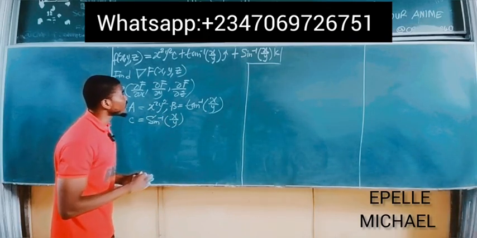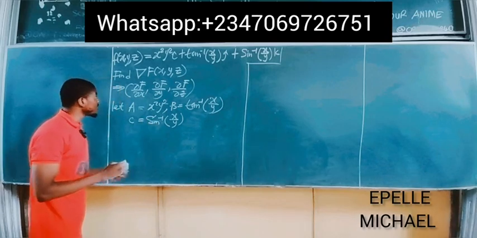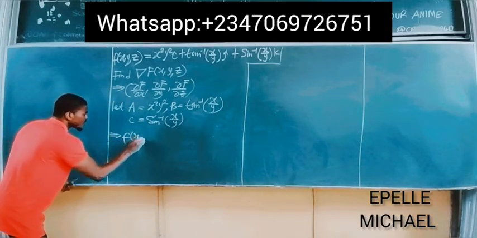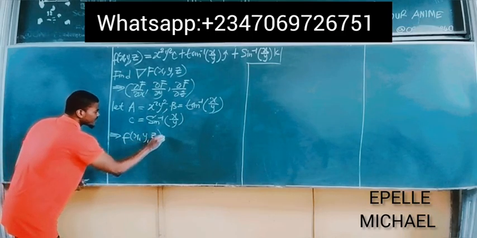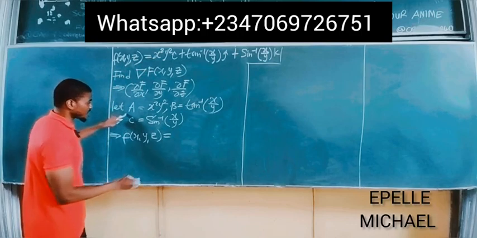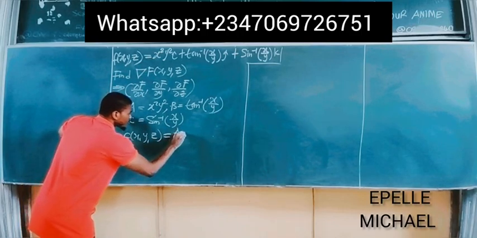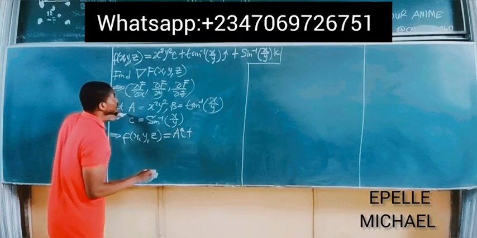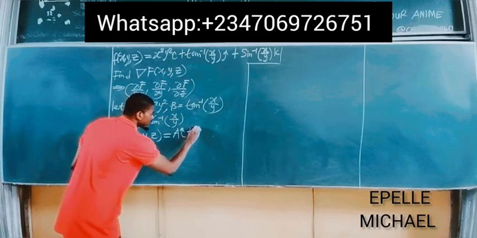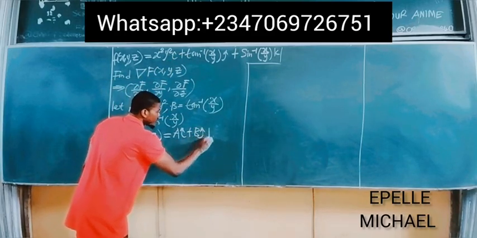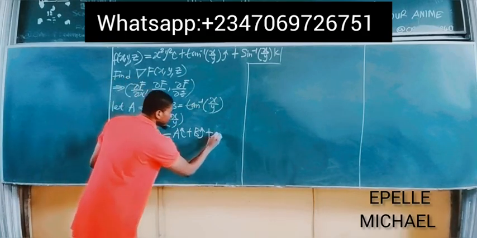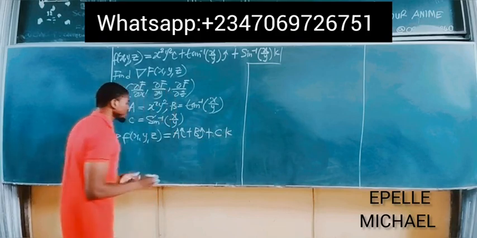So if I'm saying this, it means that this function f of x, y, z is now equal to, in place of x squared y squared, I call that a, so I'll have a i, plus in place of tan inverse, I call that b, so I'll have b j, plus in place of sine inverse, I'll call that c. It becomes c k.